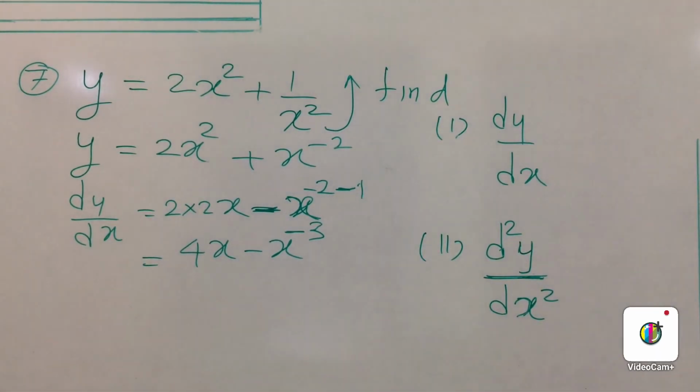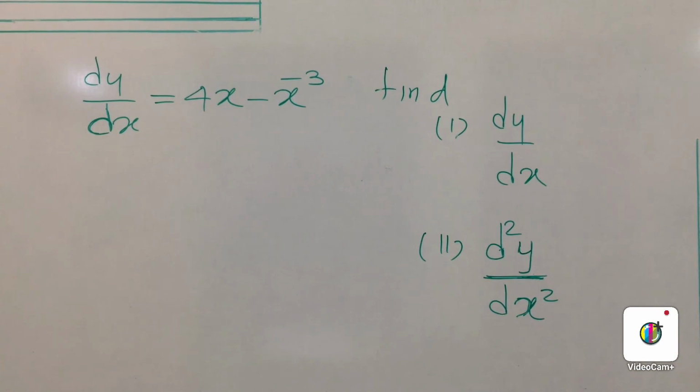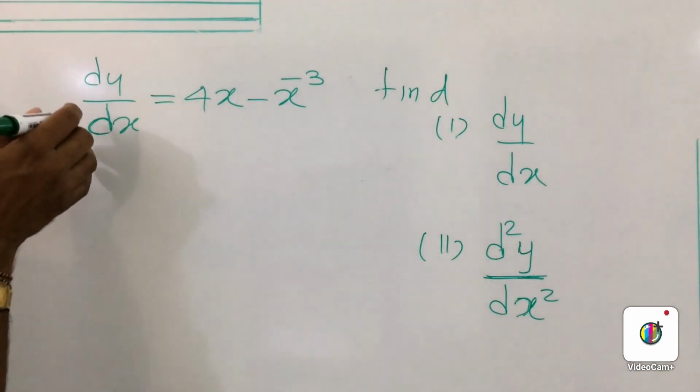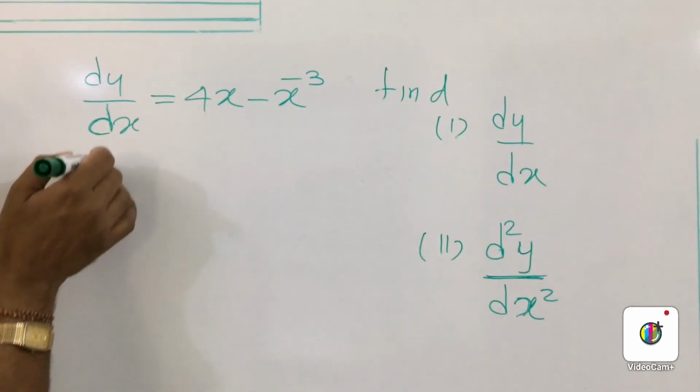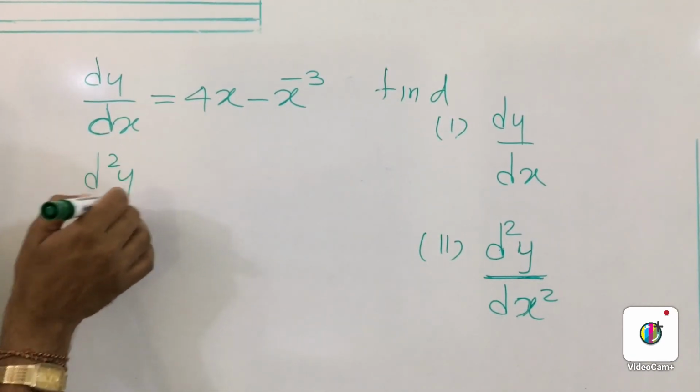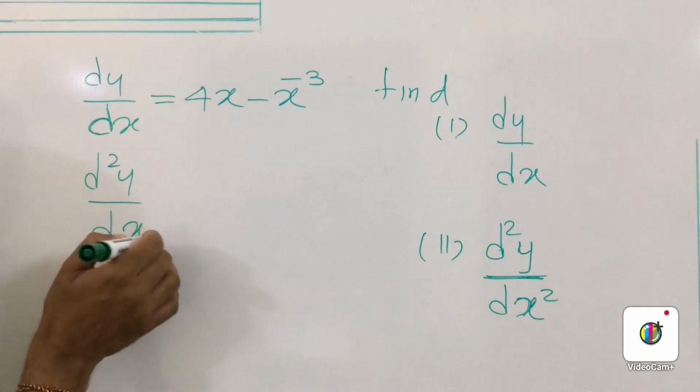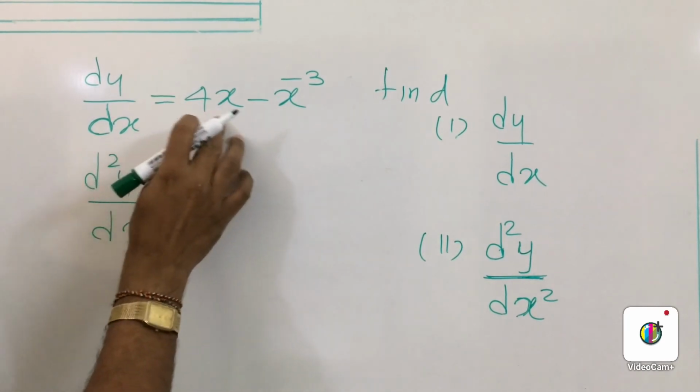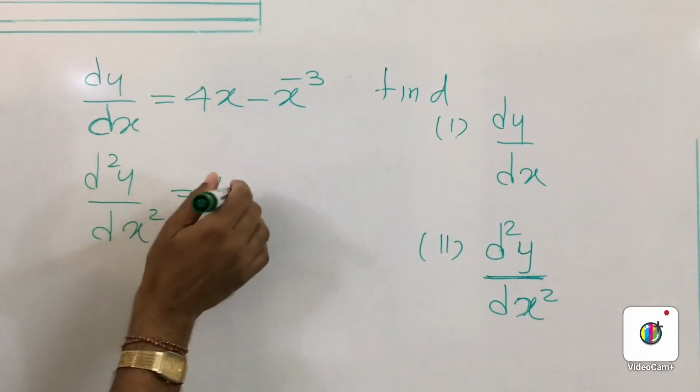We will see the second derivative. This is the first derivative answer. After that you should differentiate again, that is d squared y over dx squared. When you differentiate 4x you get 4.